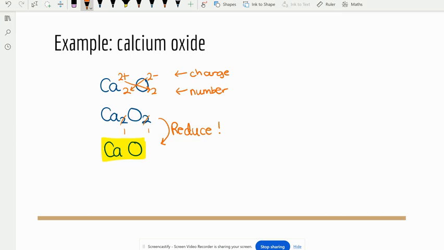If you think about the charges, maybe one last thing I'd like you to know. The net charge or the overall total charge of any chemical compound has to equal 0. You're putting together some positive metals and negative nonmetals together, and in the end, all your charges need to add up to 0.